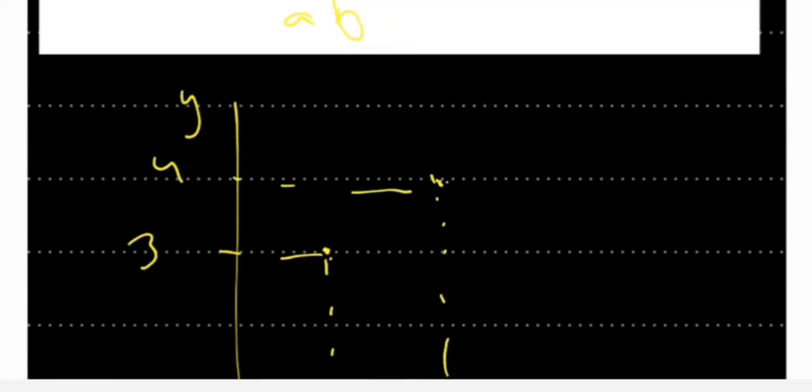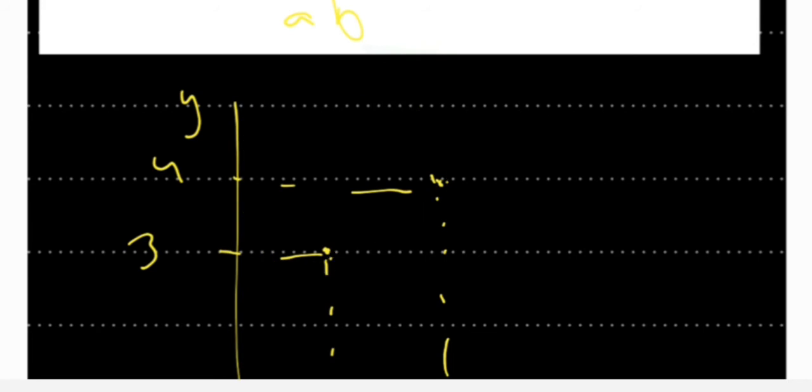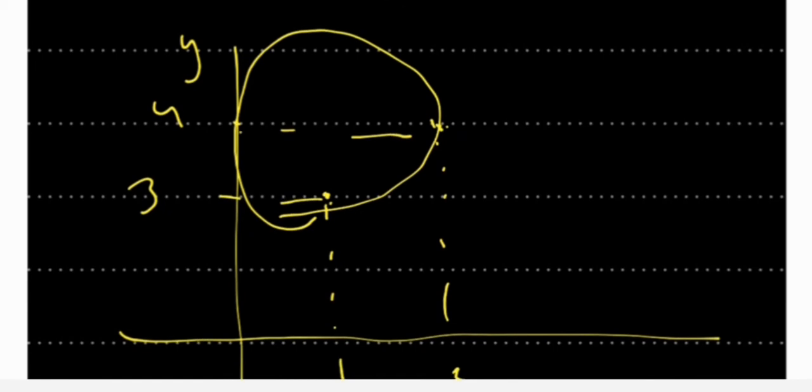What do we know? We know that our circle is going to pass through them, something like this. I know it's not perfect, but something like this. Now, the point I'm trying to make is that this is tangent, right? So the y-axis is tangent to our circle.